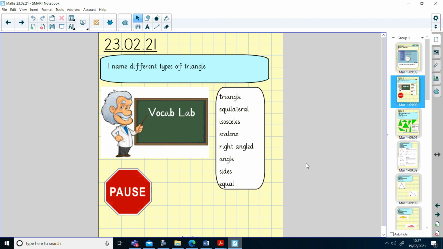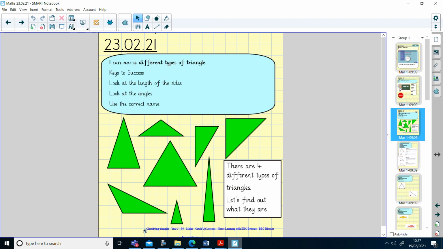Okay, what we're going to do is have a look and decide the properties for each different triangle. So on the board there are lots of different types of triangle. So this is the one that I think you will be really familiar with, that has 3 equal sides and is called an equilateral triangle.